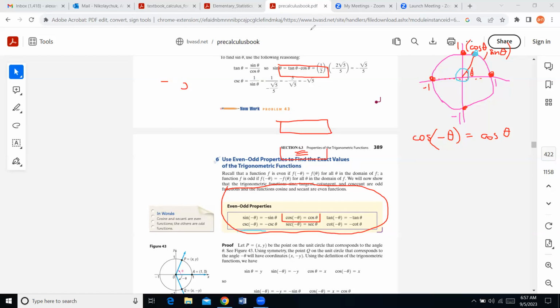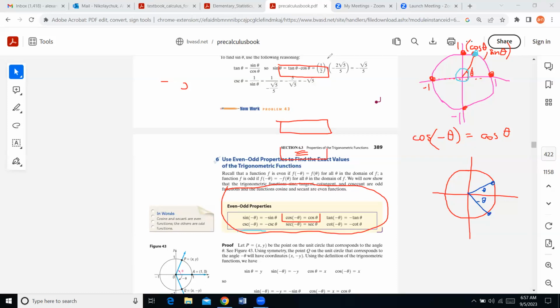Anyways, negative angle means that we rotate clockwise, right? And if you have positive, then it's the opposite direction, counterclockwise. So if you go theta here or negative theta, the opposite direction, it turns out that the x coordinate will be the same.